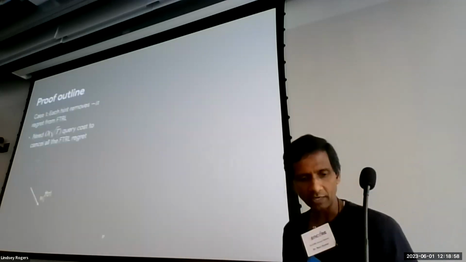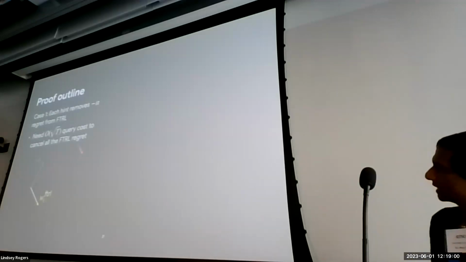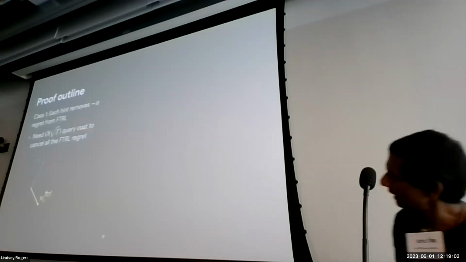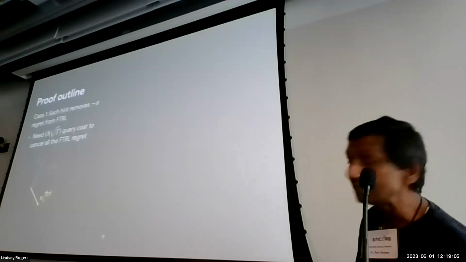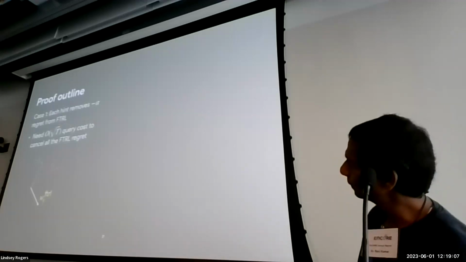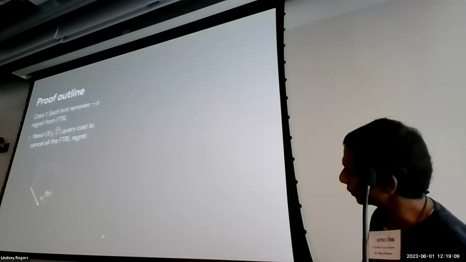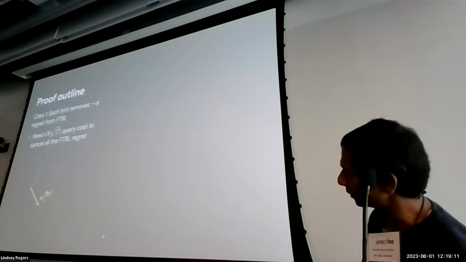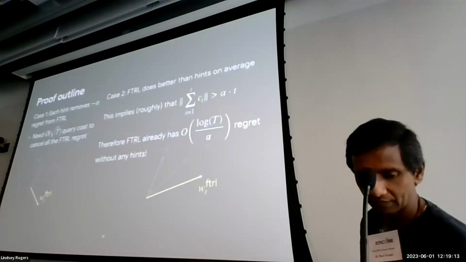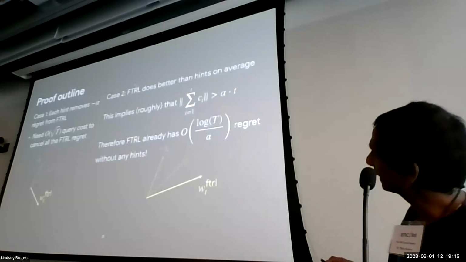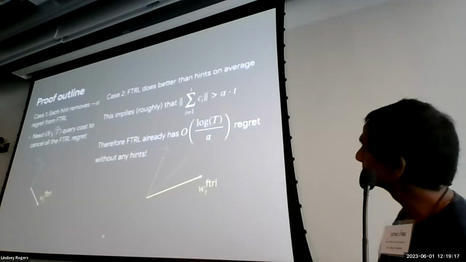And here is the outline of the proof. The first case is exactly what I said before, which is the case where the hints are great to use. So you need to use the hints in this case to cancel out the FTRL regret. And the second case is where FTRL is better to use than hints.